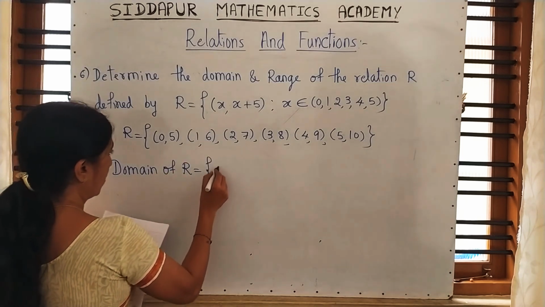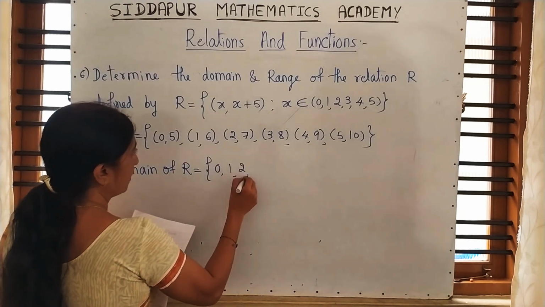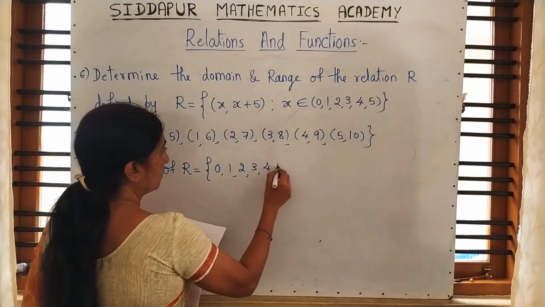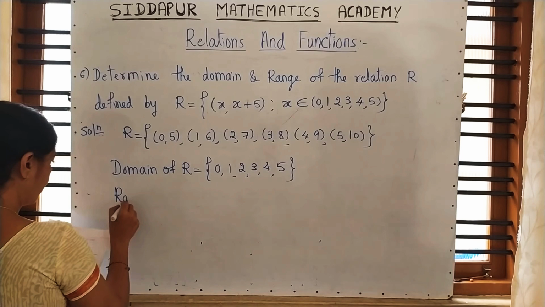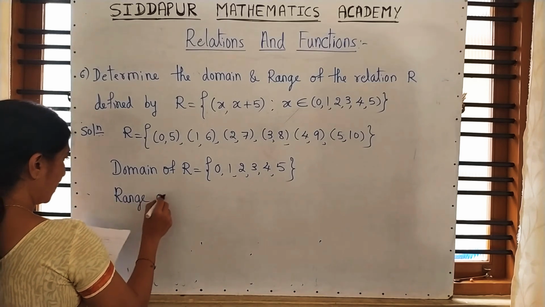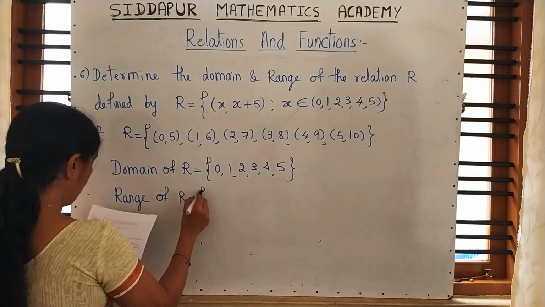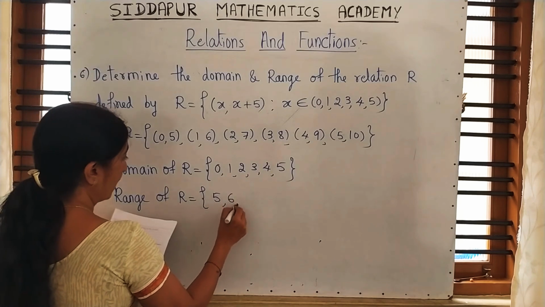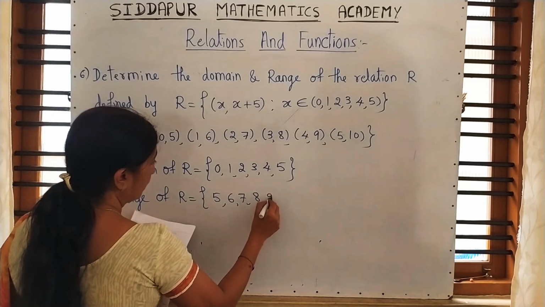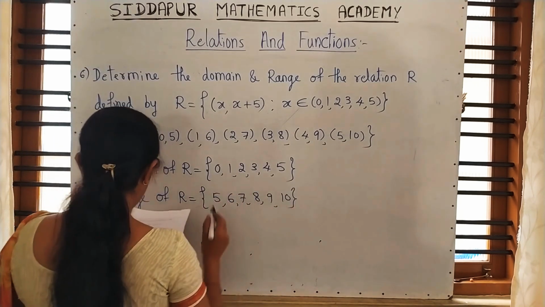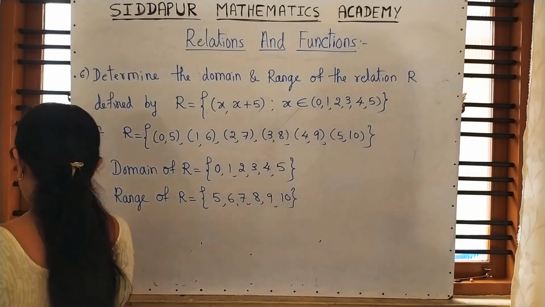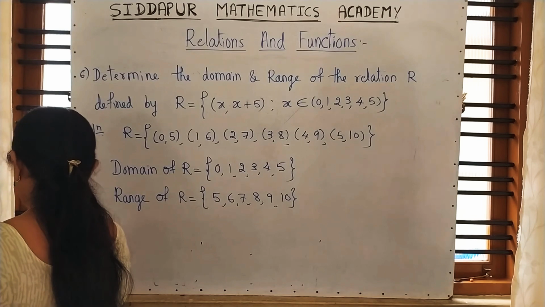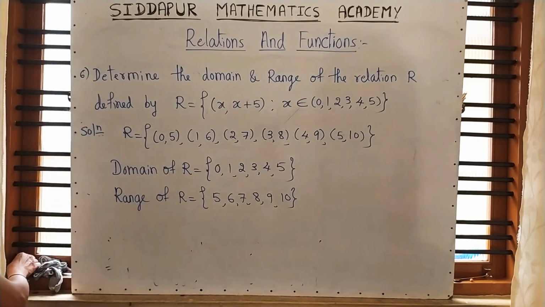Domain of R, all the first numbers in the ordered pairs. Range of R is nothing but all the second numbers. See, is it very simple? Yes. Moving to the next question, that is the 8th question in that homework.